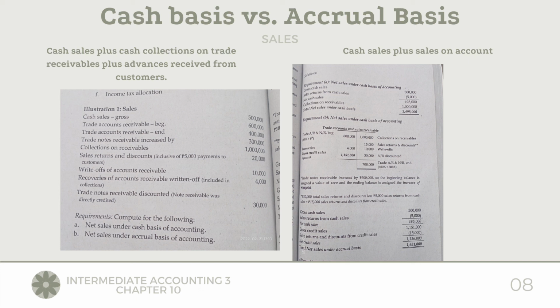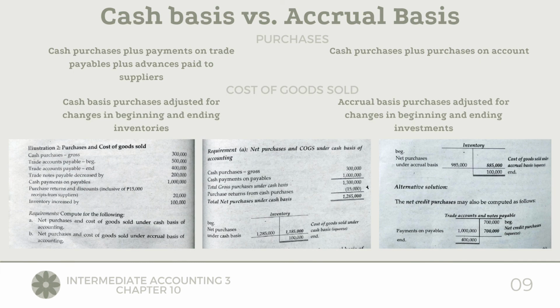Yung gross credit sales natin 1,151,000 minus sales returns and discount from credit sales na 15,000. Net credit sales natin is 1,136,000. So, ang total net sales natin under accrual basis is 1,631,000.